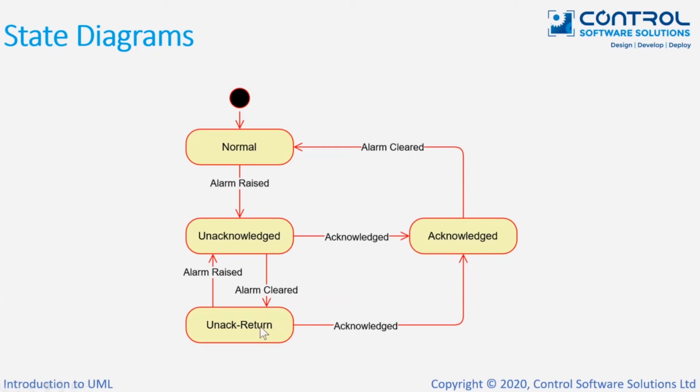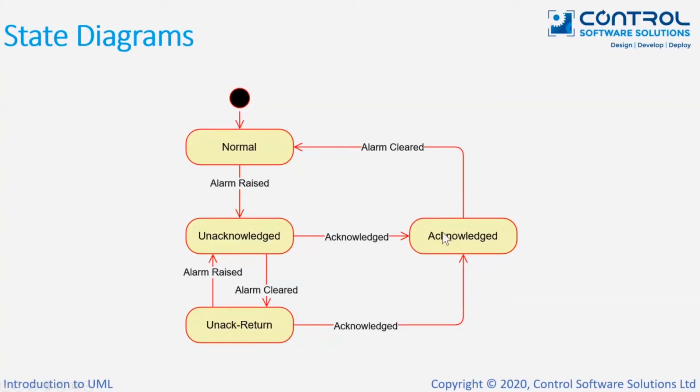So if the alarm's cleared, we'd go to an unacknowledged healthy state. Okay, unacknowledged return, I've called it. Now, if you're in unacknowledged return and then the alarm comes back, you just go back to unacknowledged again. However, if you're in unacknowledged return and the user acknowledges it, you then go to the acknowledged state.